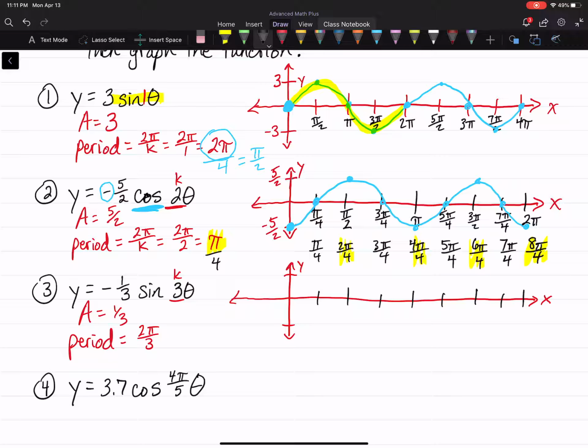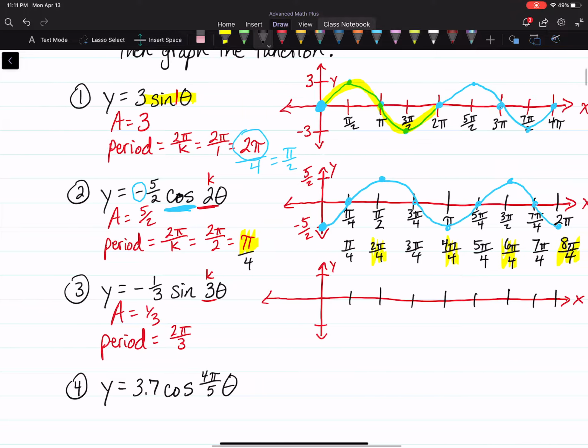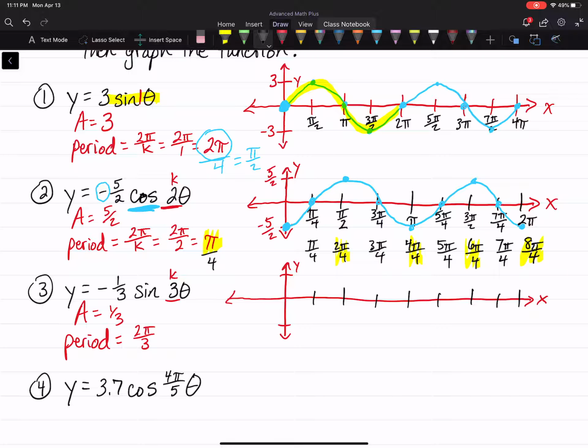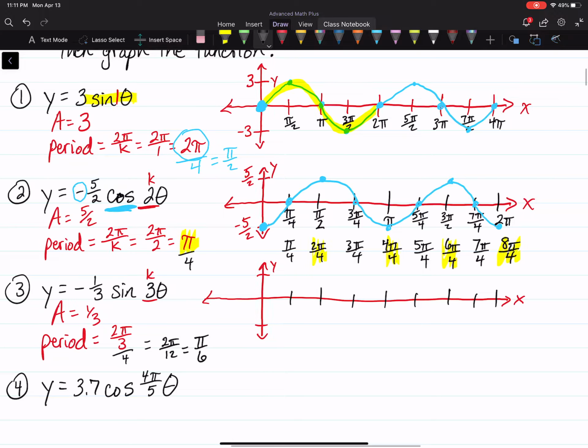And this time we're going by 2 pi over 3 is 1 period worth. So what have I been saying? You take your period, you divide it by 4, and that will tell you what you label your intervals to be. So 2 pi over 3 divided by 4 is 2 pi over 12, which reduces to pi over 6. So this time we're counting by pi over 6s.